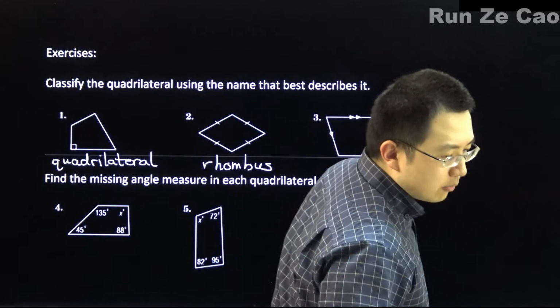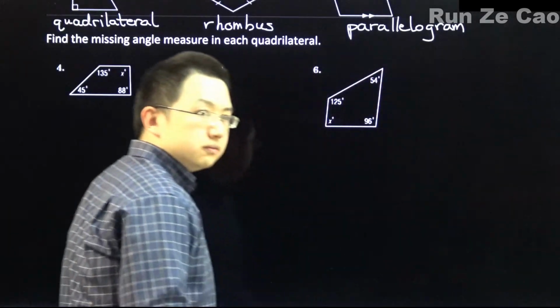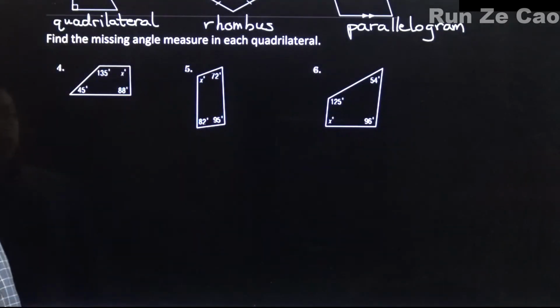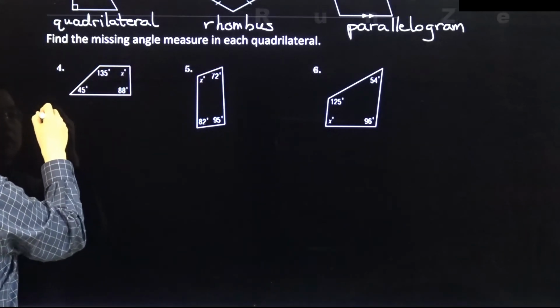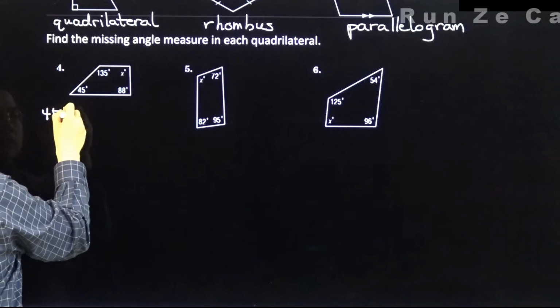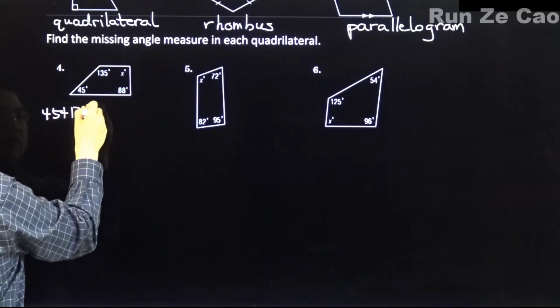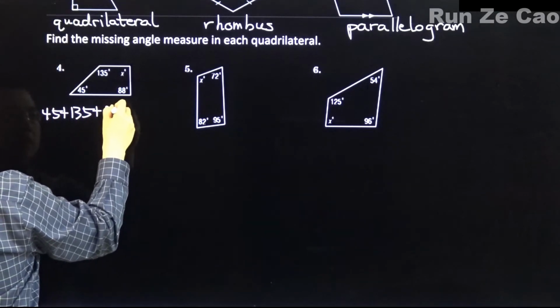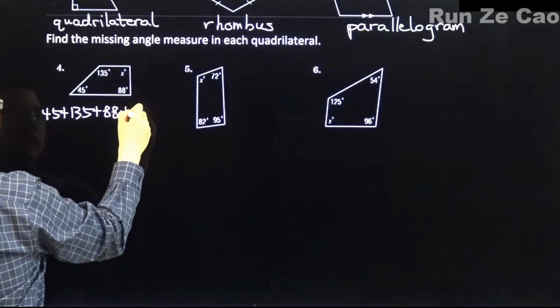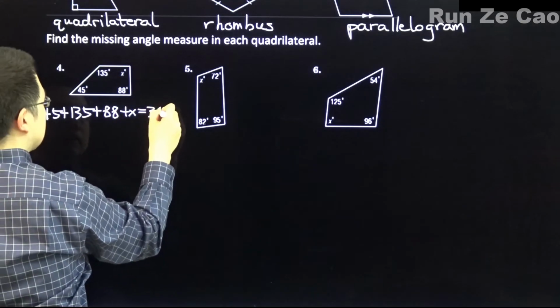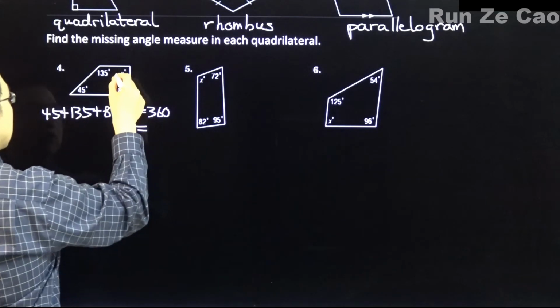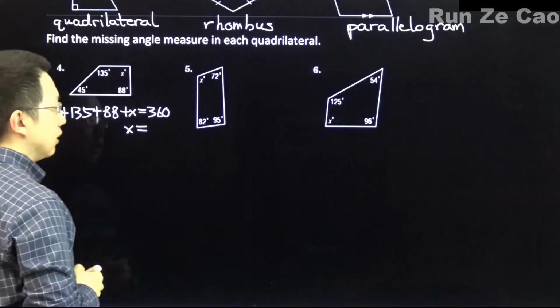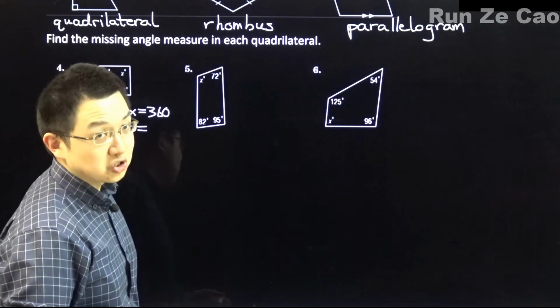Find the missing angle measure in each quadrilateral. The internal angle sum is equal to 360 degrees, so 45 plus 135 plus 88 plus x is equal to 360 degrees. Notice that it says x degrees up here, not just that this angle is x.